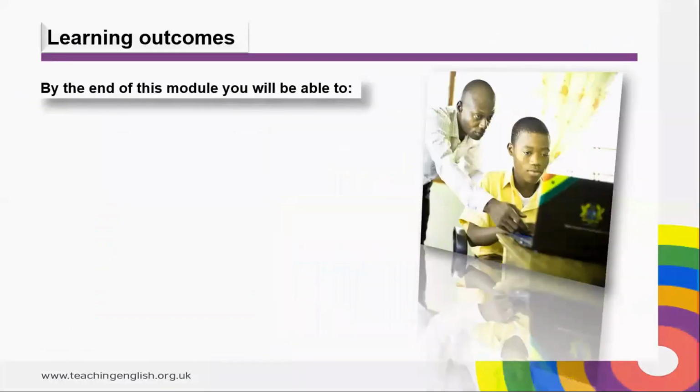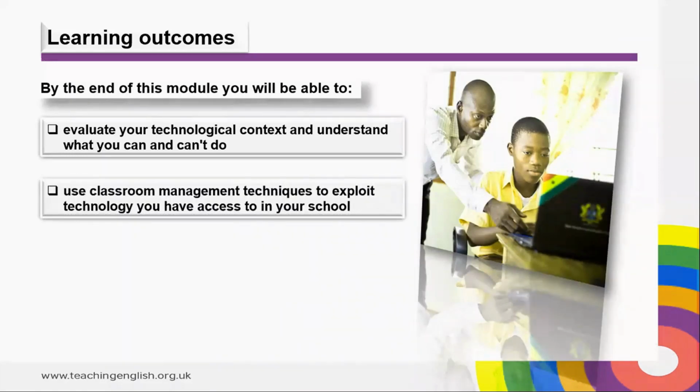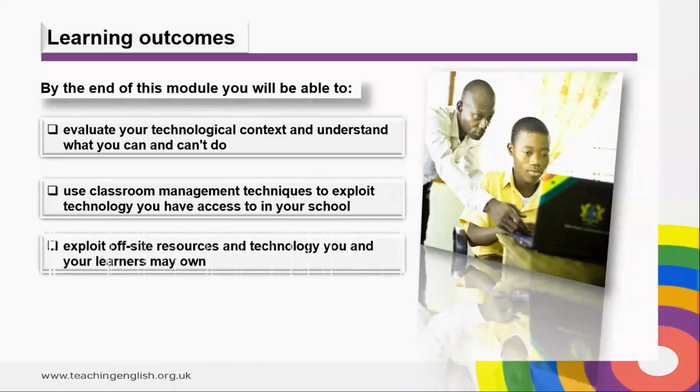And as for today's agenda, we have some learning outcomes that we need to cover. The first one is to evaluate your technological context and understand what you can and can't do. Use classroom management techniques to exploit technology you have access to in your school.